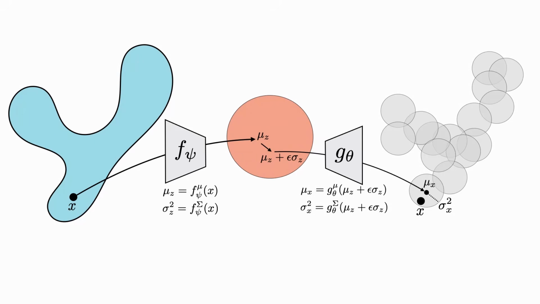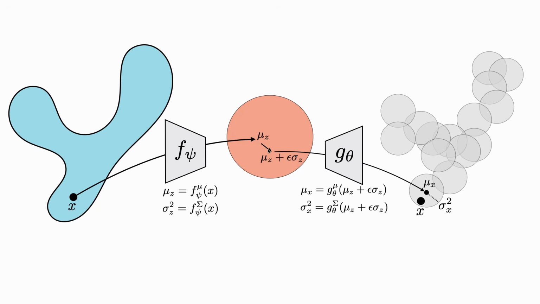Now we come back to the autoencoder. A lot of math, but at the end of the day, the VAE is a very simple model that looks just like an autoencoder. Here's how it looks like an autoencoder. We start with data point x, we encode it, and we get mean mu_z and variance sigma_z squared. We then take a sample from the distribution q(z|x).